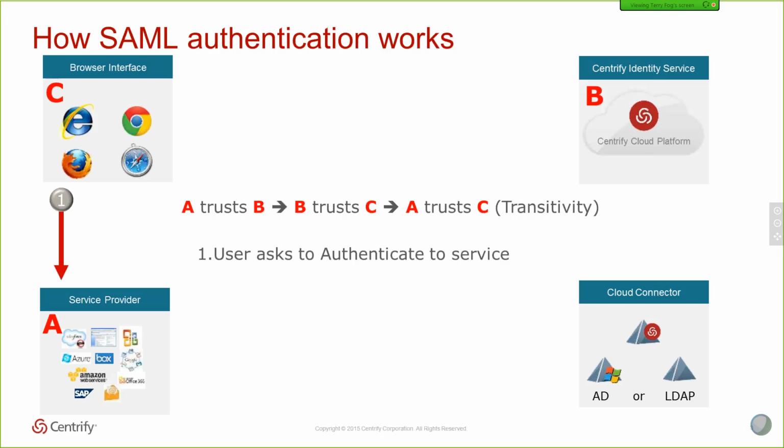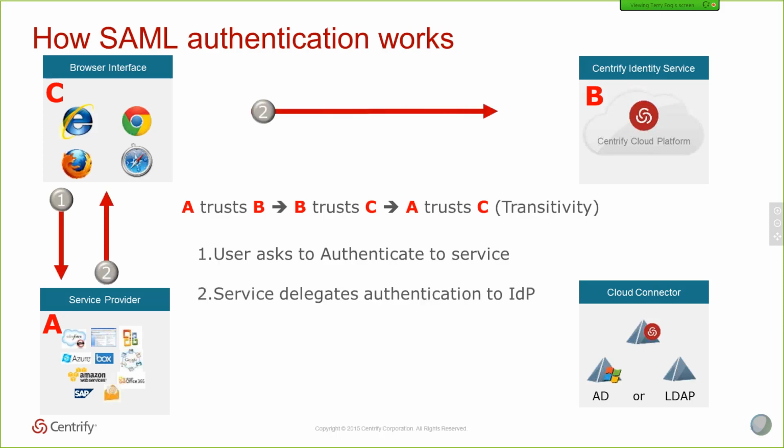So what will happen is when the user wants to access the target application, like Salesforce or Box, anything, now because SAML has been set up between service provider and identity provider, the service provider will know that, hey, I'm not supposed to authenticate you anymore. You need to go to the identity provider. So I will redirect you to Centrify.